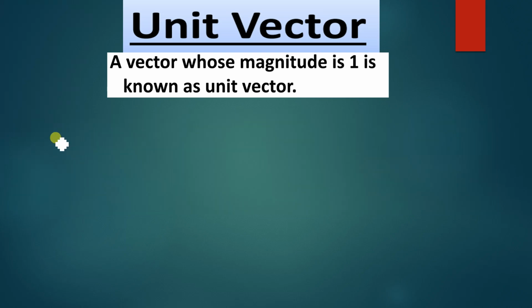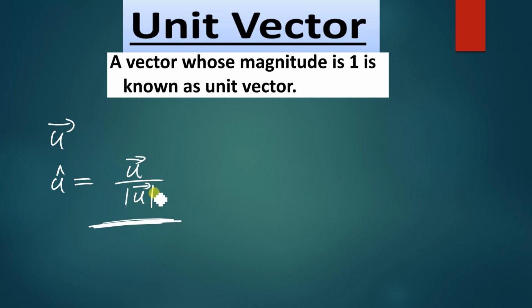If you have been given the vector u, and they've asked you to find the unit vector of u, the unit vector of u is represented by u cap, and this is equal to the vector u divided by the magnitude of u.